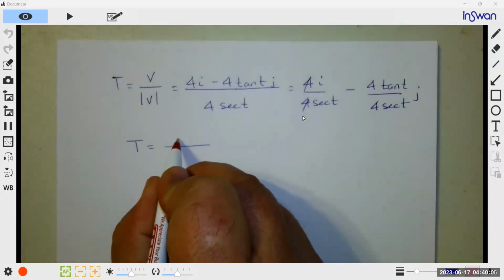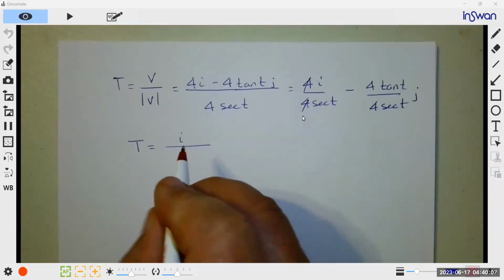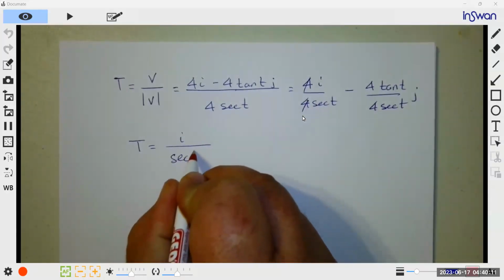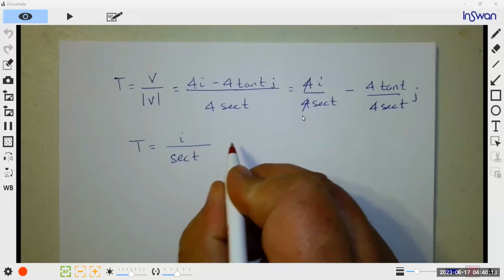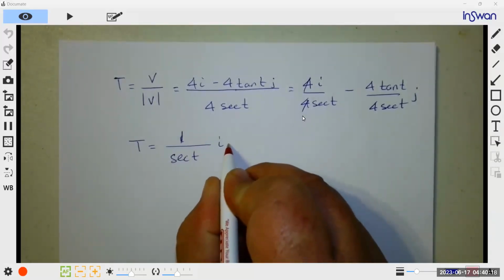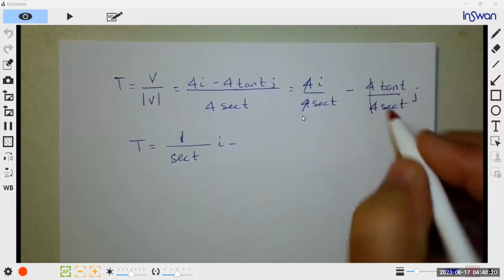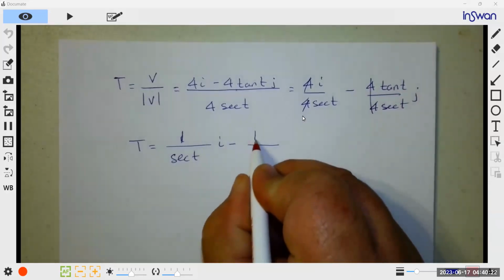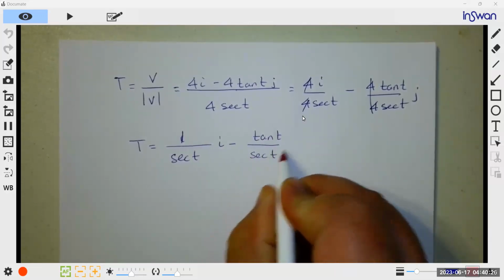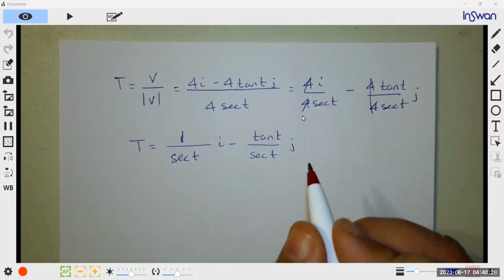So we have 1 i over secant t, minus, the 4s cancel, tangent over secant j.